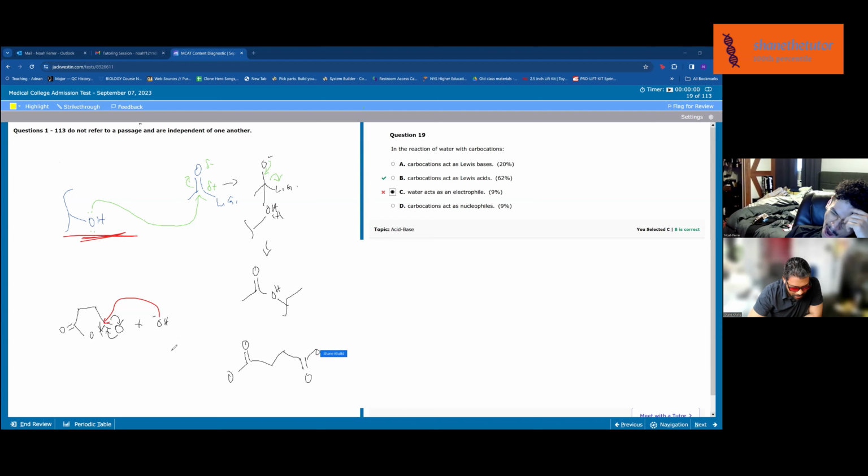So this would look something like this, right? I went over this problem a few days ago with a student. It's from an actual MCAT practice test.